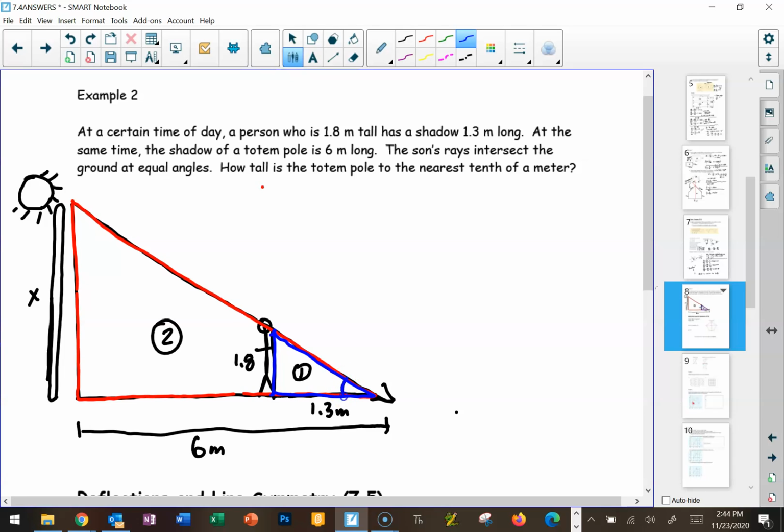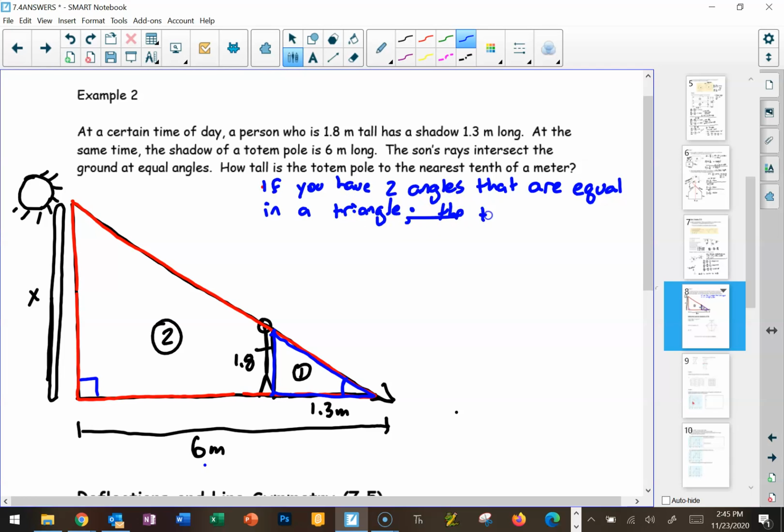Now, clearly, they share that angle right there. It's the same angle. They also share this angle because it's got to be 90 degrees. We're assuming the person and the totem pole are straight up.